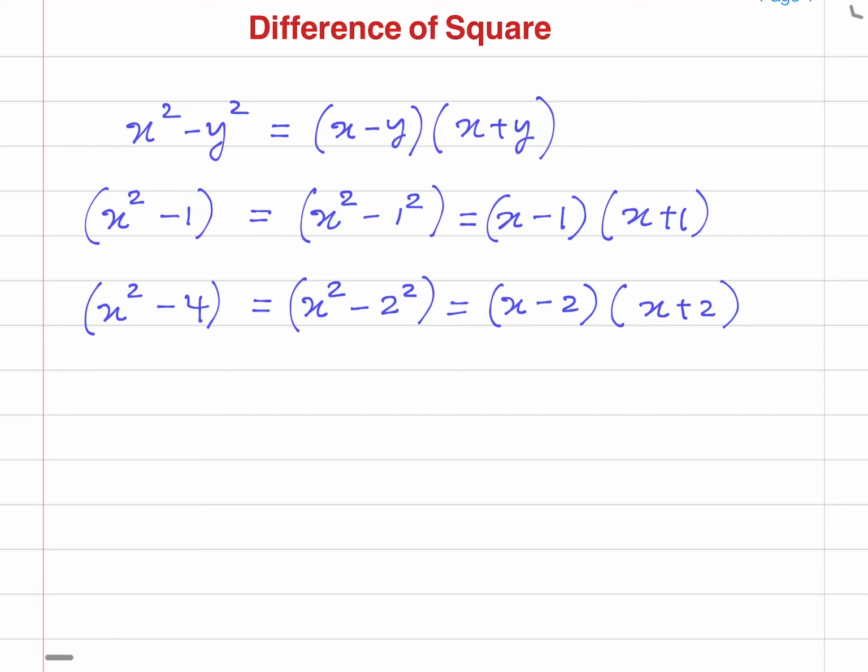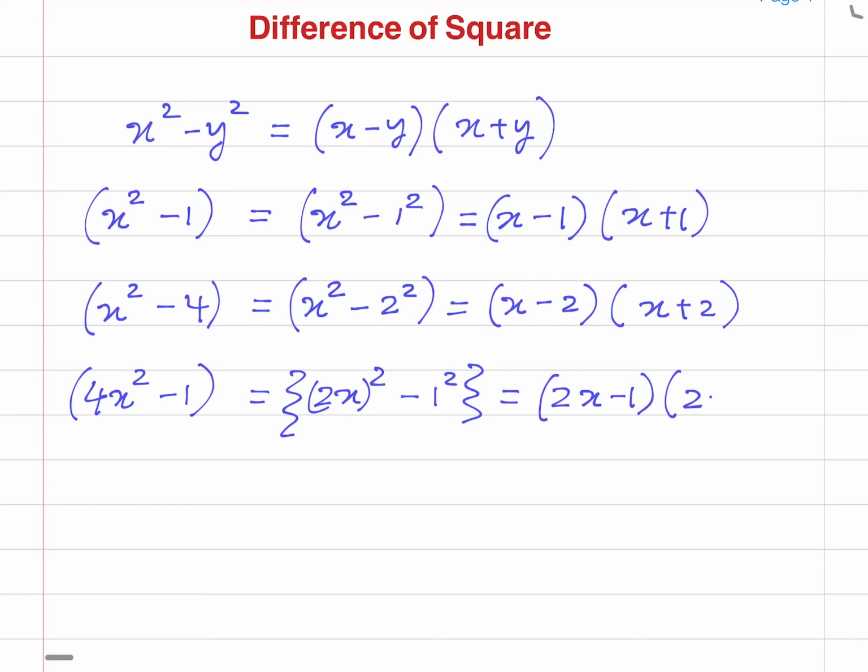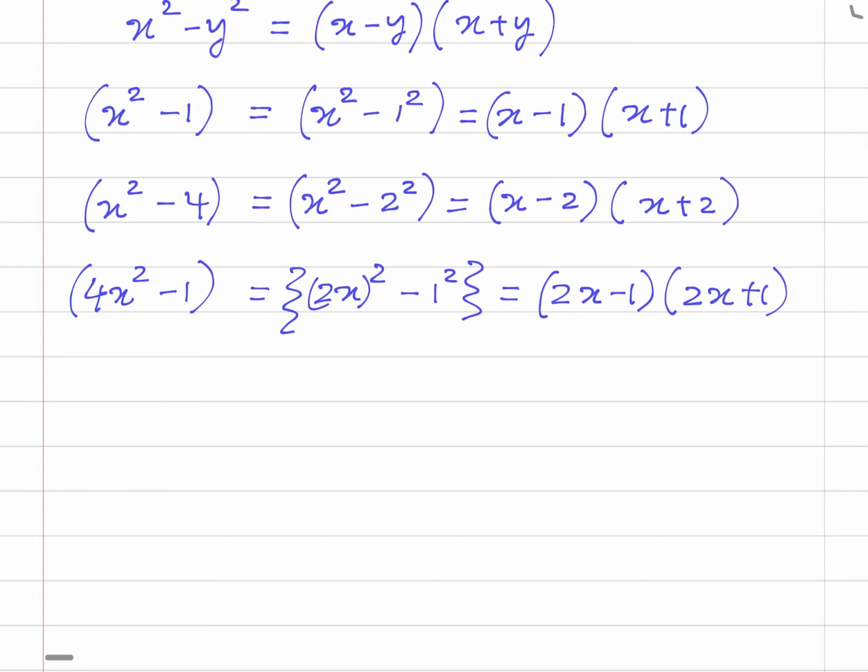Now we will try to understand more advanced examples. If you have 4x squared minus 1, this can be written as (2x) squared minus 1 squared, and this can be written as (2x minus 1) and (2x plus 1). Then we can think of something like this: 16x squared y squared minus 9.